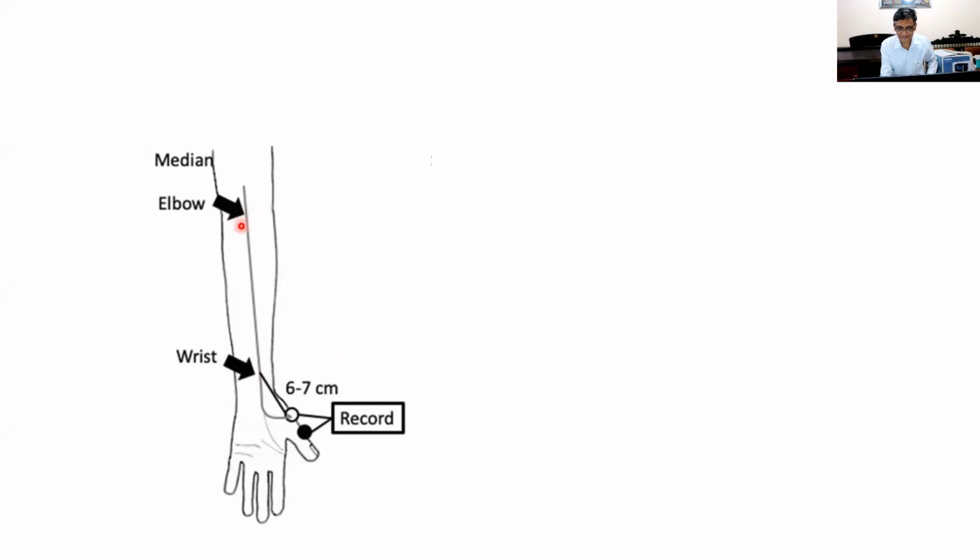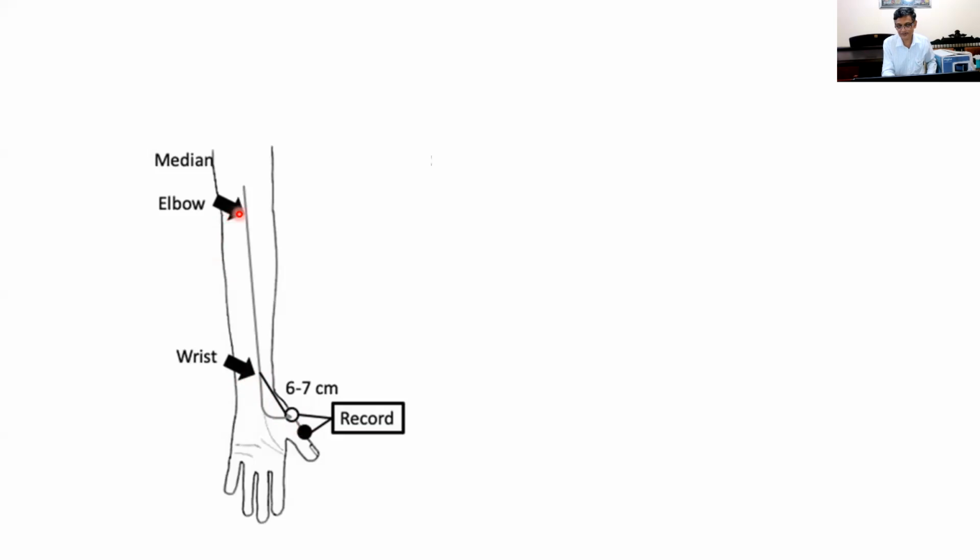Stimulating here gives rise to an action potential with a shorter latency period, and we call this the distal latency, because this is the distal side and this is the proximal side. Distal latency is generally about 3 or 4 milliseconds, or 2.5 milliseconds, a very small number.